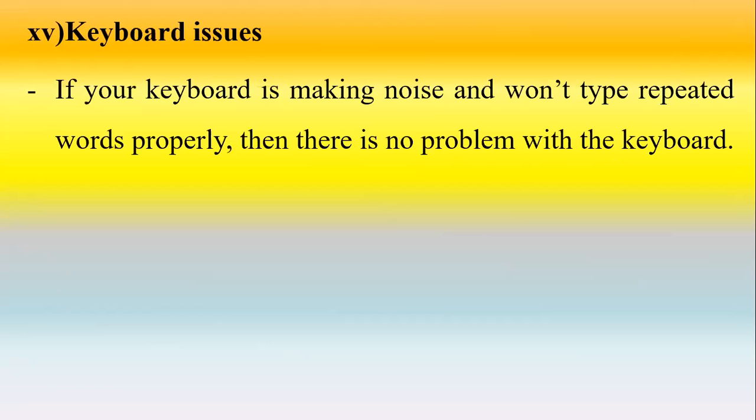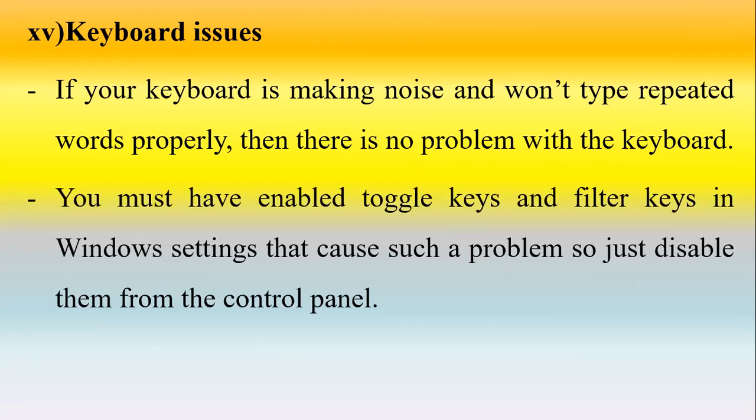Number 15 is keyboard issues. If your keyboard is making noise and won't type repeated keys properly, then there is no problem with the keyboard. You must have enabled toggle keys and filter keys in Windows settings that cause such a problem, so just disable them from the control panel.